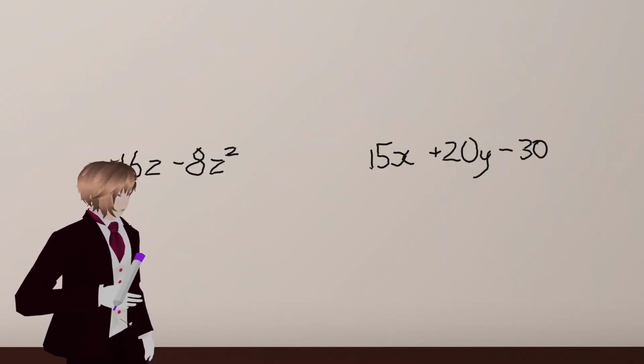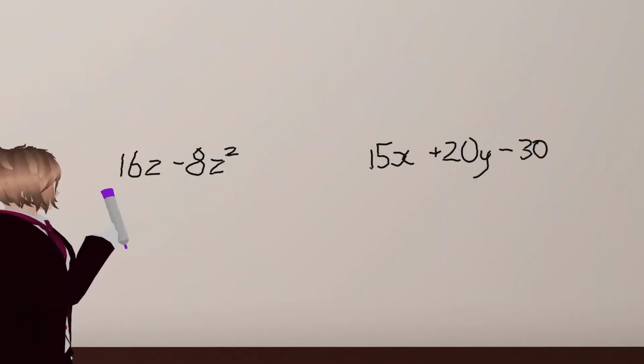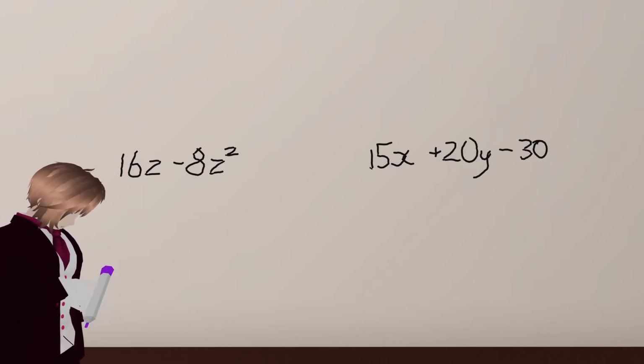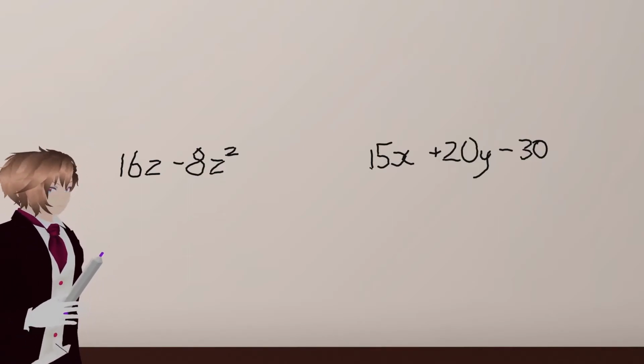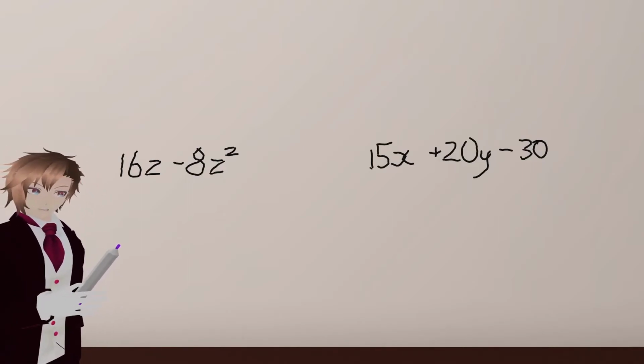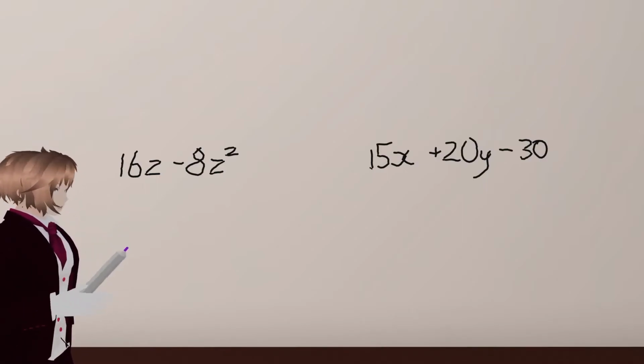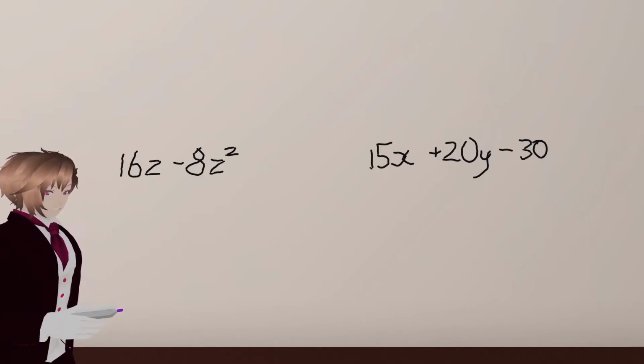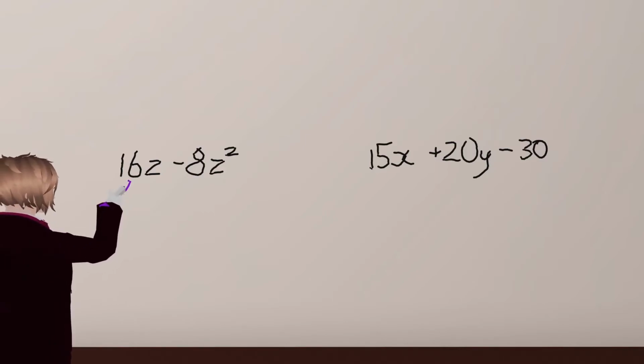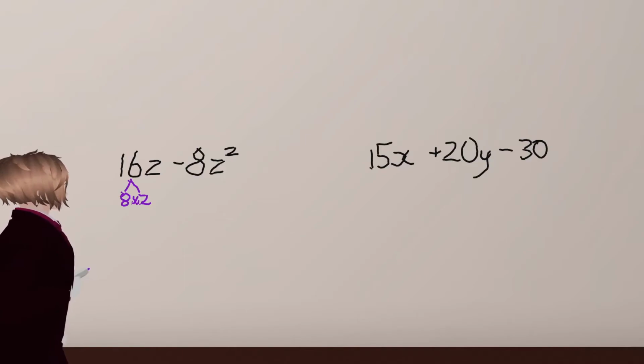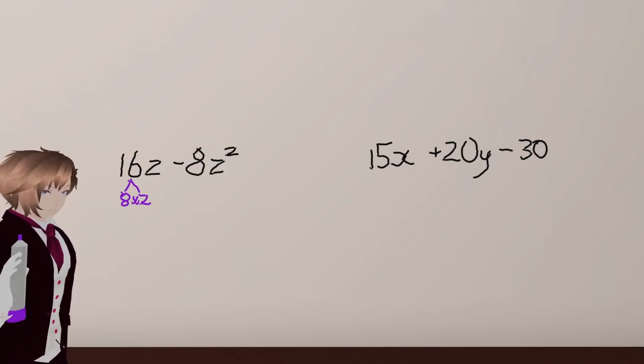So here we have 16z, take away 8z squared. What is common between these two numbers? So let's have a look at our factor pairs for 8 and 16. So 16 is 8 times 2. Let's just stop there.